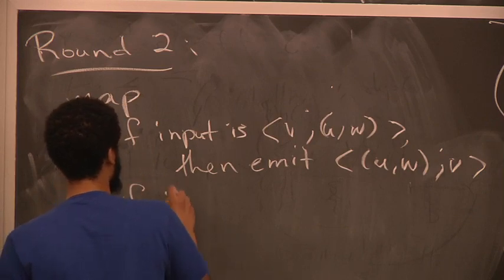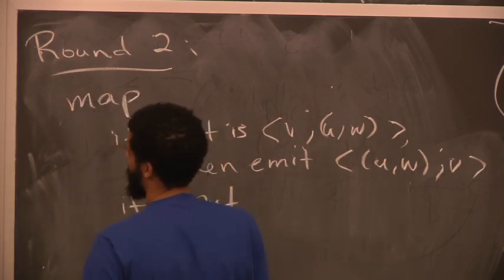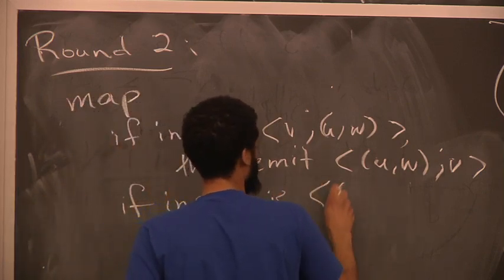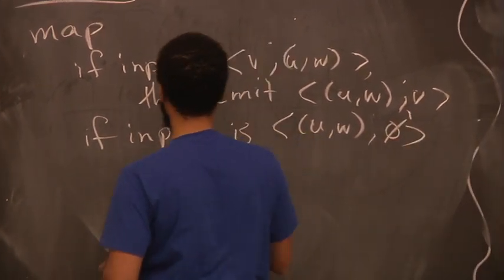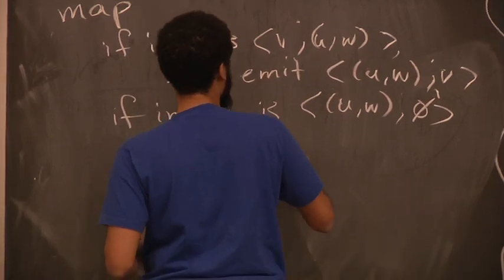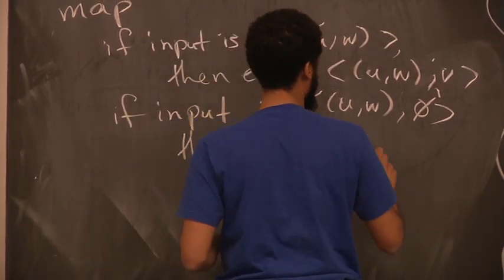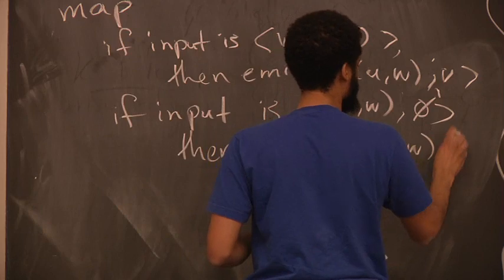Otherwise, if the input looks like an edge like that, then emit UW $.